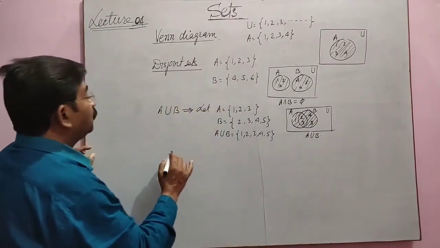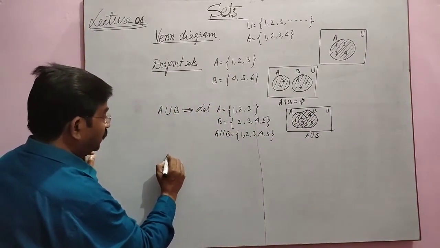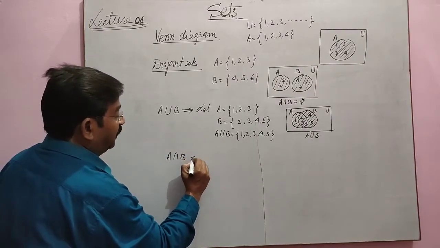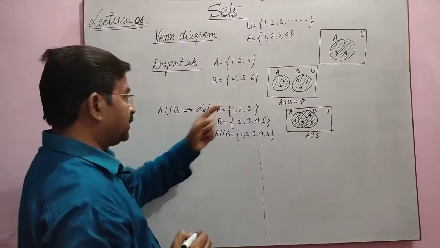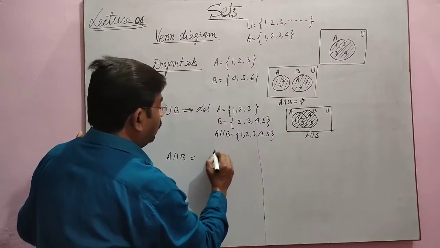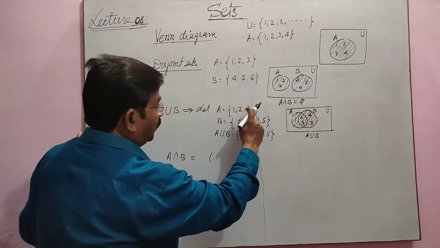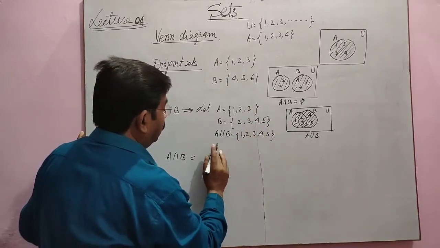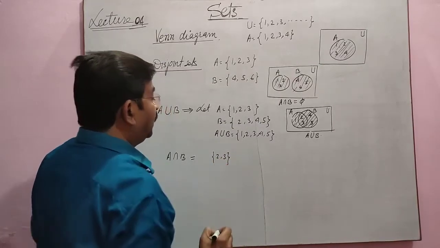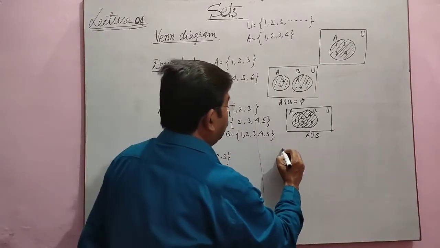Now, we are going to find A intersection B for the same. So A intersection B, what do you have? We have common 2 and 3. So we have to shade the common portion.